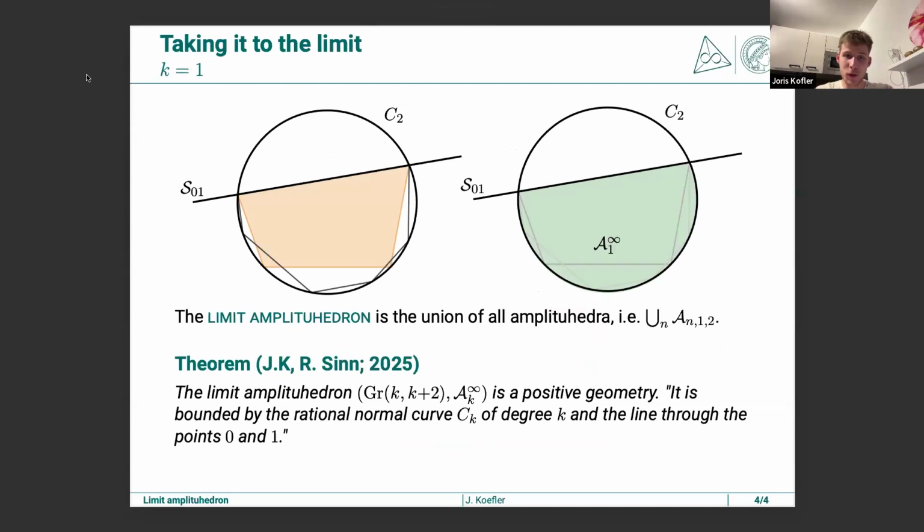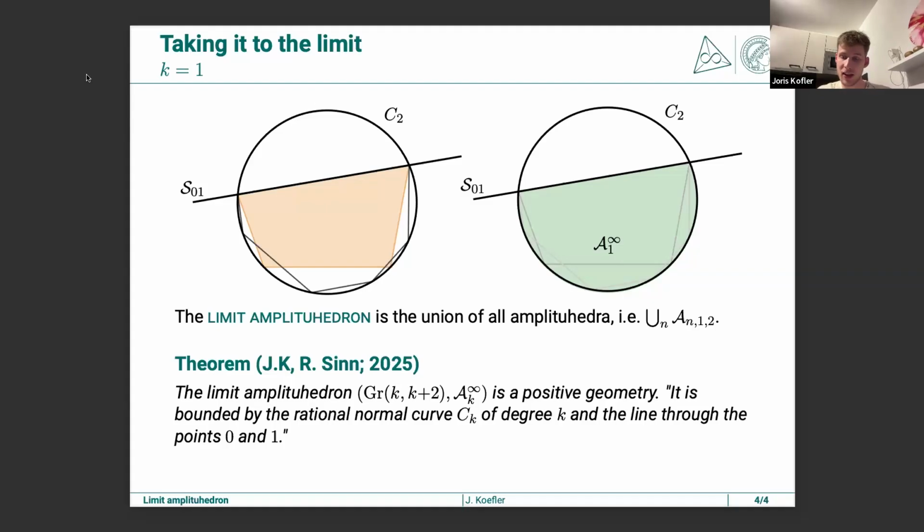If you now send n to infinity, I draw another 5-gon inside this half disk. If you sample more points on the moment curve, which is the circle in this case, then you are essentially trying to inscribe this half disk. In fact, in the limit, you're just going to sample all of the half disk.